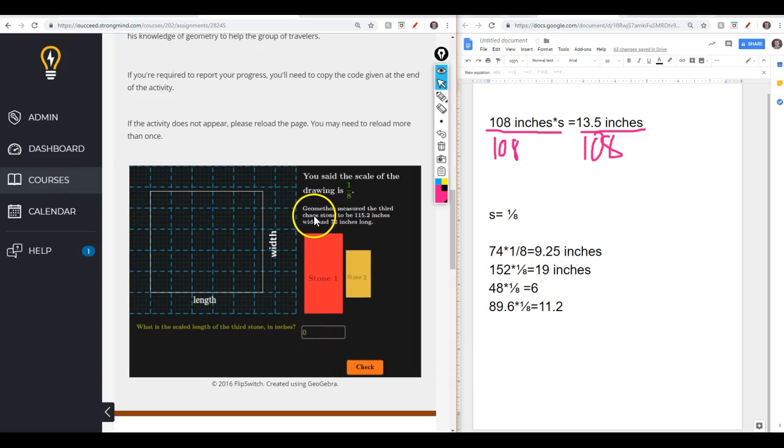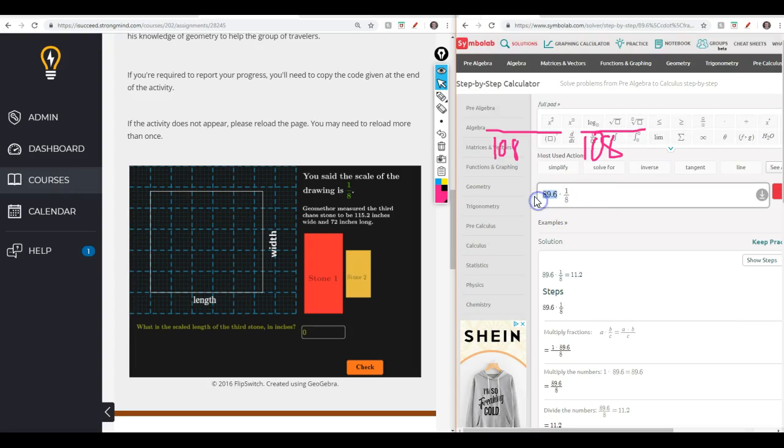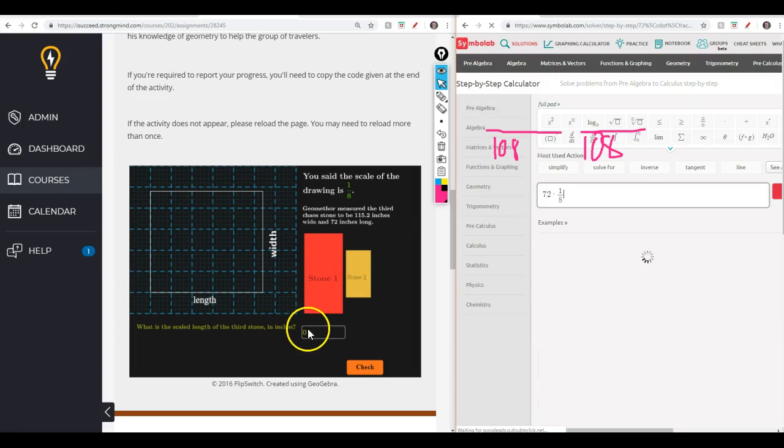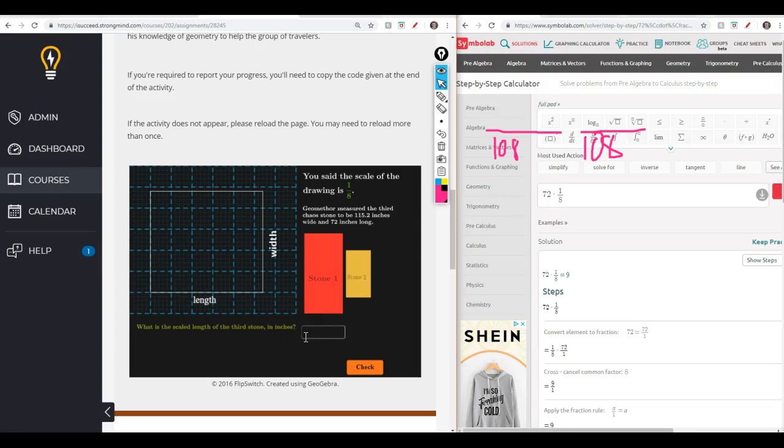Then there's a third one. It says it's 115.2 inches wide and 72 inches long. So to find the drawing length, we would first do 72 inches times 1/8. So 72 times 1/8 is going to give us 9.